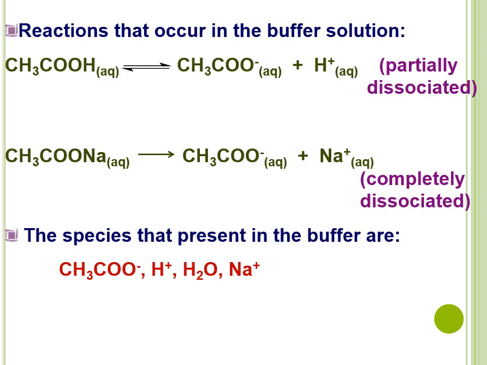Reactions that occur in the buffer solution: acetic acid dissociates partially to produce acetate ion and H+, whereas sodium ethanoate dissociates completely to produce acetate ion, or ethanoate ion, it is the same name, plus Na+. So the species present in the buffer are acetic acid, acetate ion, H+, H2O, and sodium ion.